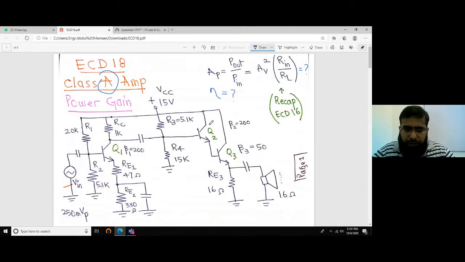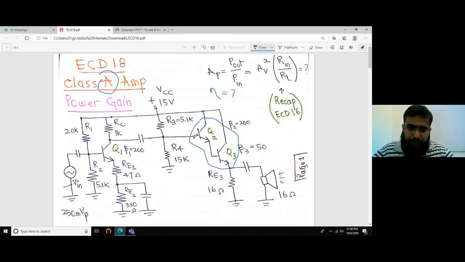That stage involves a Darlington pair transistor, working in common collector configuration, with output being collected from the emitter, and it is driving a load that is actually a speaker. So this is how it is working. It has two stages, this input stage and the output stage. The output stage involves our Darlington pair. We studied Darlington pair in our last course, EDC.